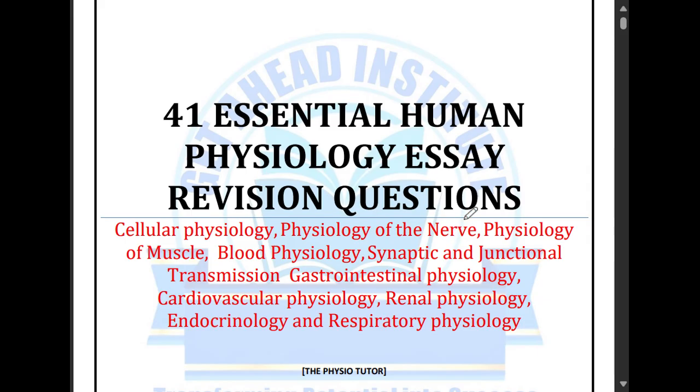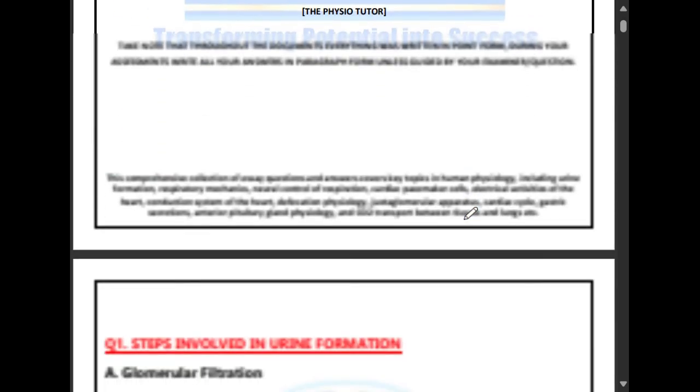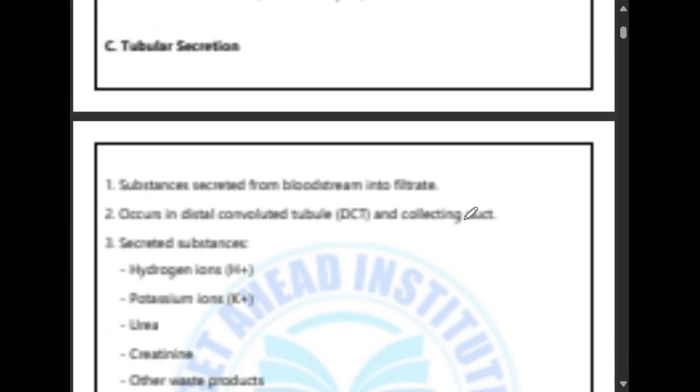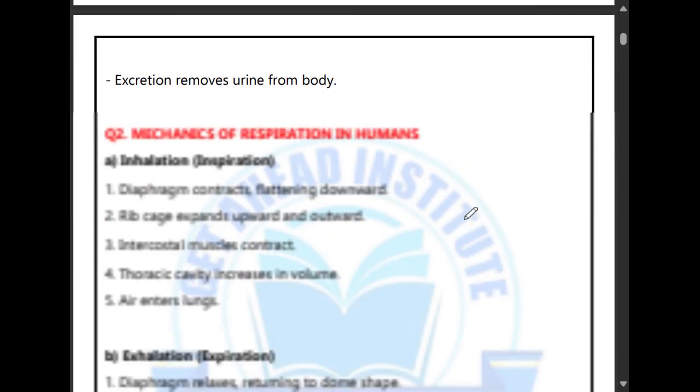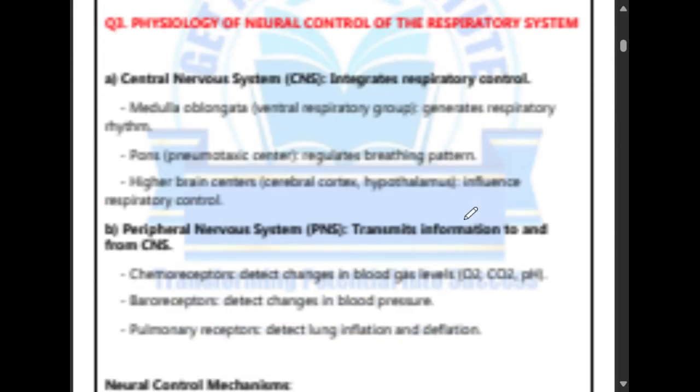All right, great. So we are going to start with some of the key essay questions under cellular physiology. This file has a lot of questions, so we'll just go to the specific questions which have to do with what you have covered.